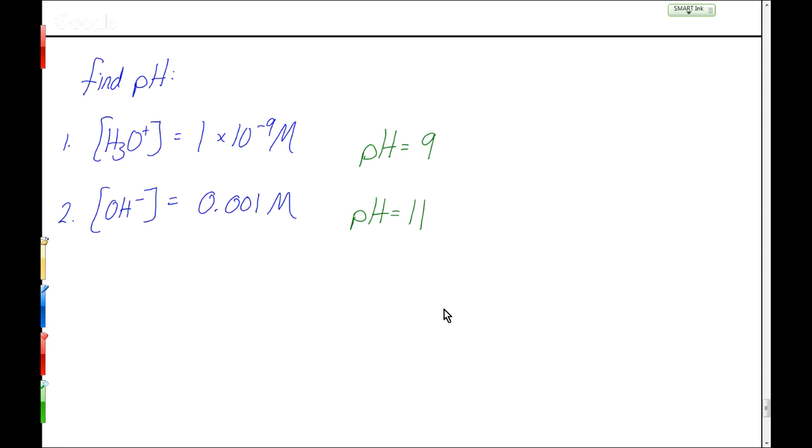All right, let's look at this. The pH is, if you remember, the negative log of the hydronium ion concentration. So if the concentration is 1 times 10 to the minus 9, the negative log of that is 9.